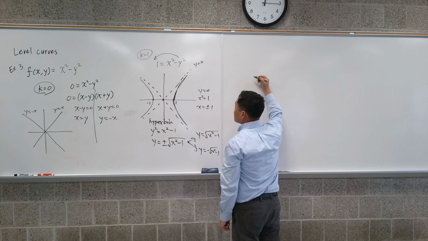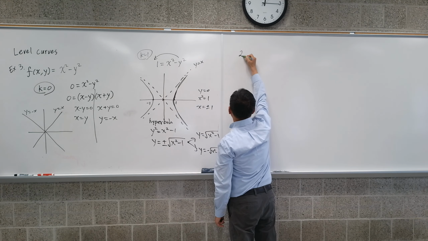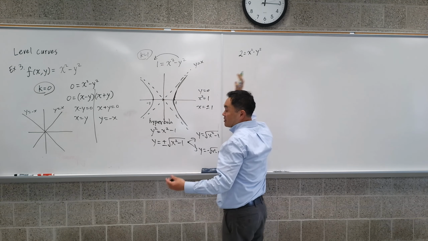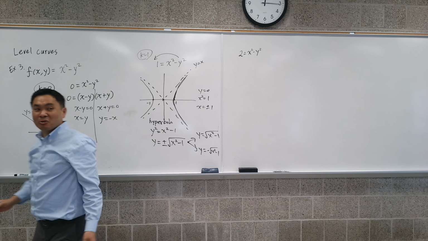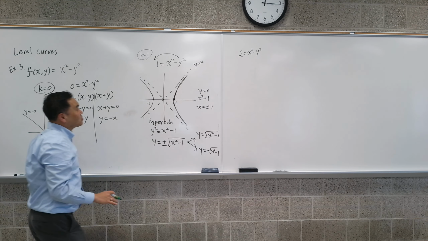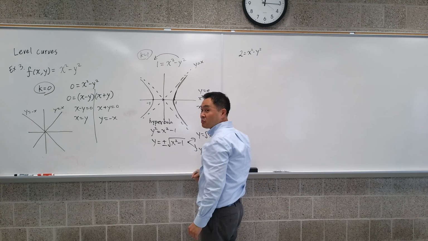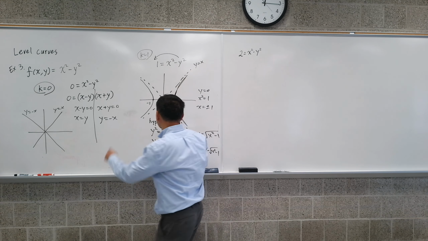So let's see what happens if I increase k to 2. Well, it's very similar to how circles go. The moment you increase to 2, that allows these values to be bigger than before, right? So you end up with a curve that's bigger.